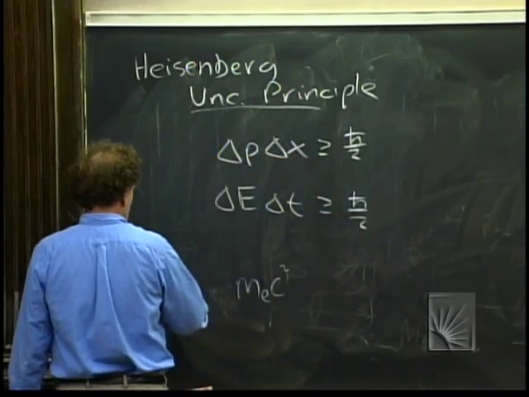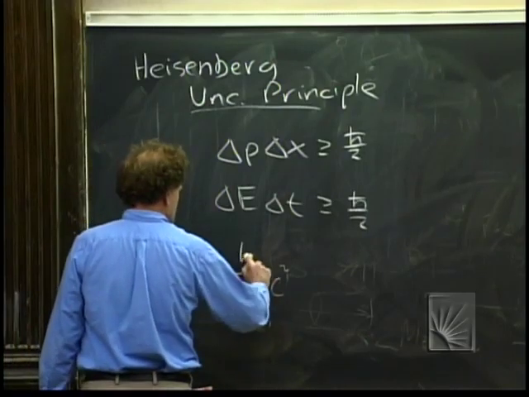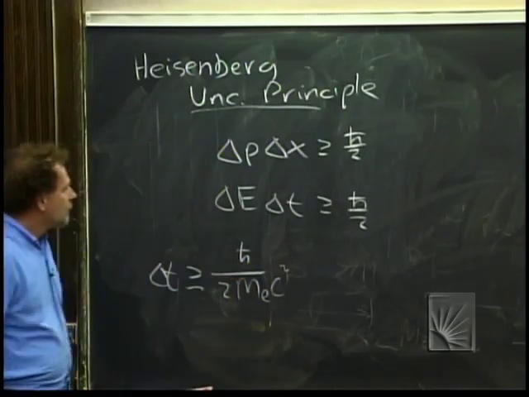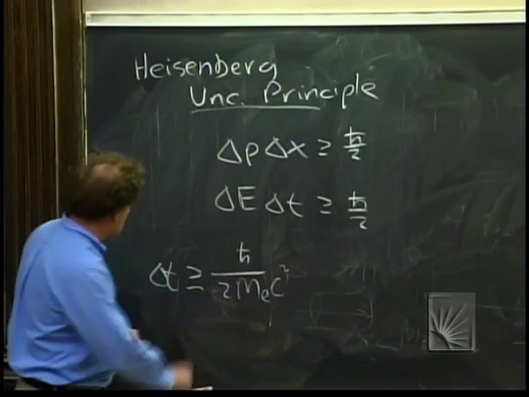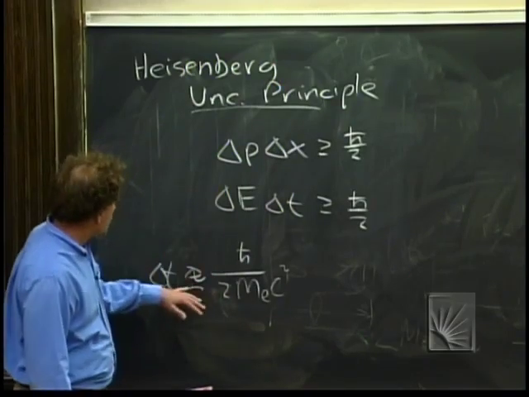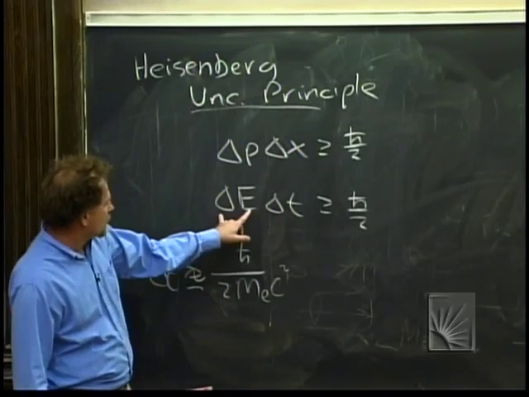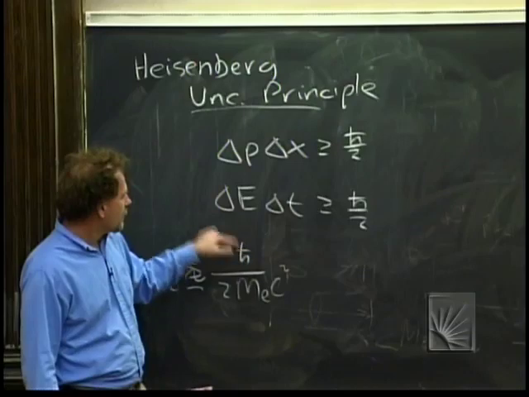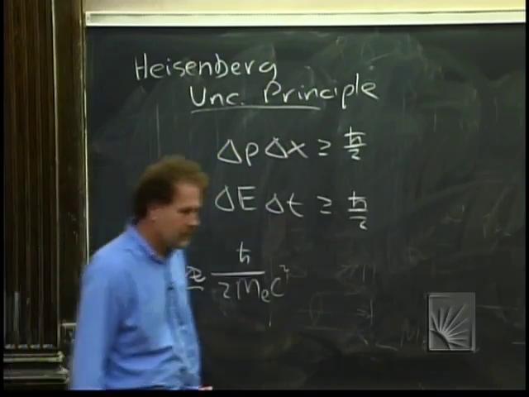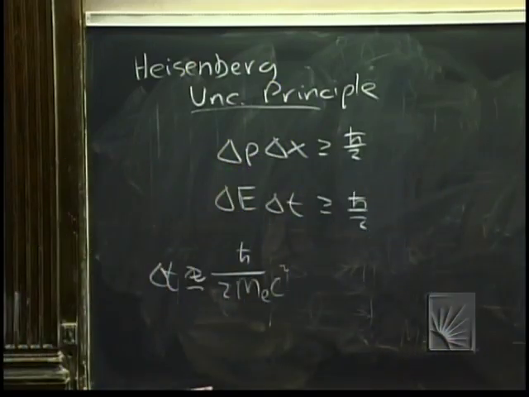Well, it's given by that. Let me just put an approximation there. So I borrow a little bit of energy from nothing, and then for a short amount of time that's okay, as long as I don't violate this relationship. And then they disappear again, the two annihilate away again.